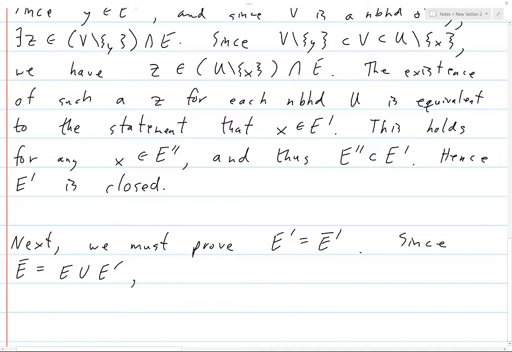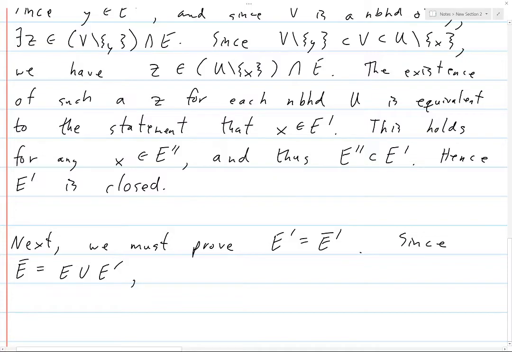See here, if A is contained in B, then any limit point of A is a limit point of B, and thus we have E contained in E closure implies that E prime is contained in E closure prime.